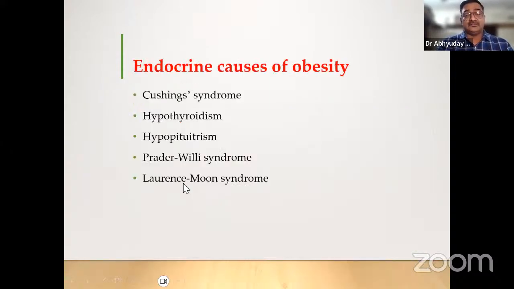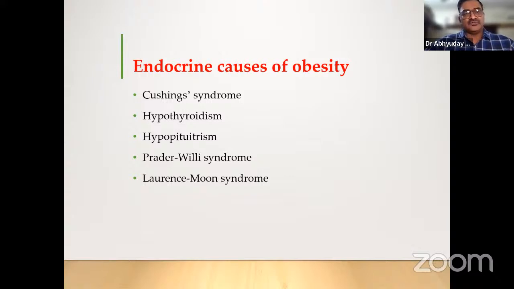Now, I won't go into detail, but these are some of the other endocrine causes of obesity. Ultimately, they are all somehow working on leptin, on ghrelin, on insulin secretion, and other neurohormonal causes.